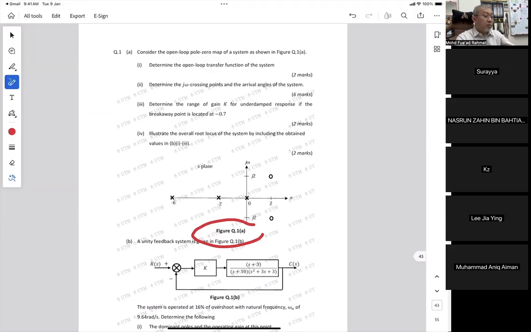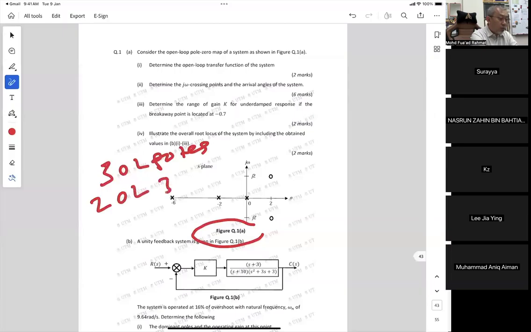Okay. So, by looking at it, you have 3 open loop poles. Okay. And 2 open loop zeros. Okay. 1, 2, 3, 1, 2.